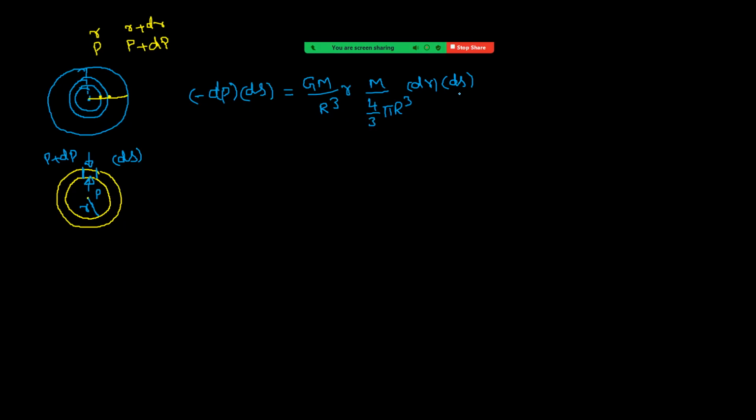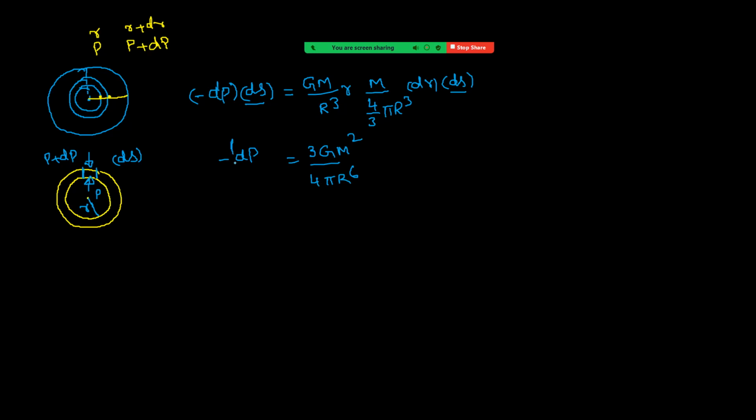Anyhow, dS gets cancelled on both sides. Now take integration for the remaining part to get pressure. So minus dP equals 3 G M square upon 4 pi R power 6, and the remaining is r dr.